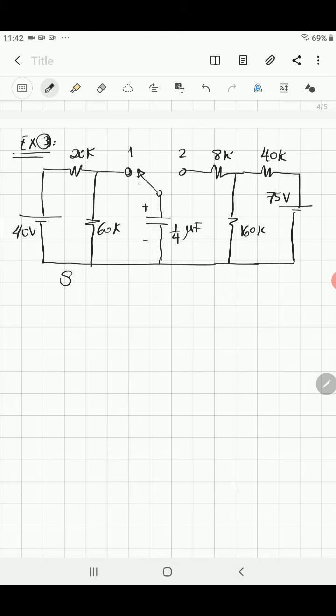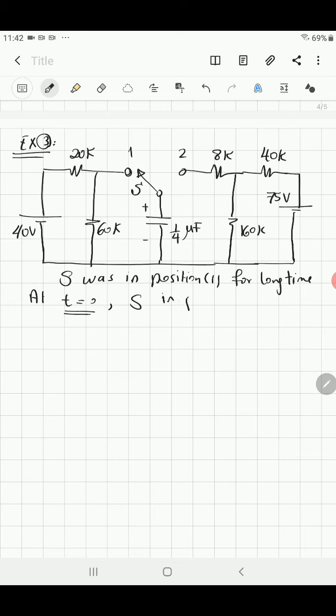The switch was in position 1 for a long time. Then at t equals 0, S moves to position 2.